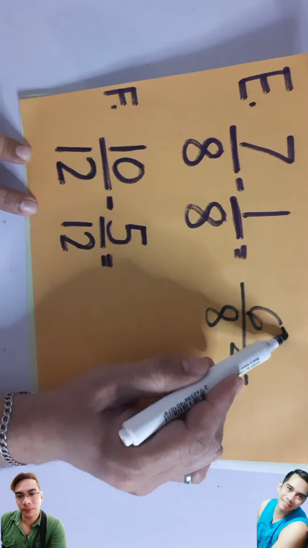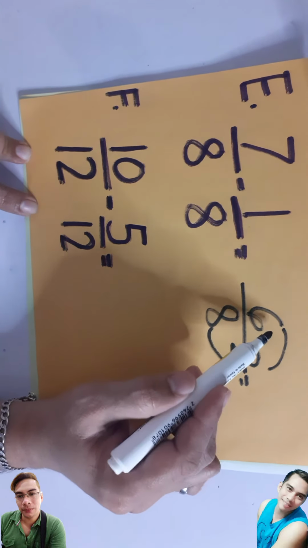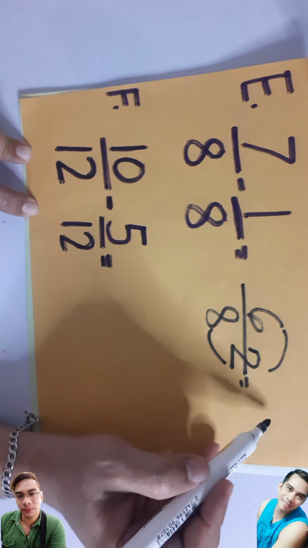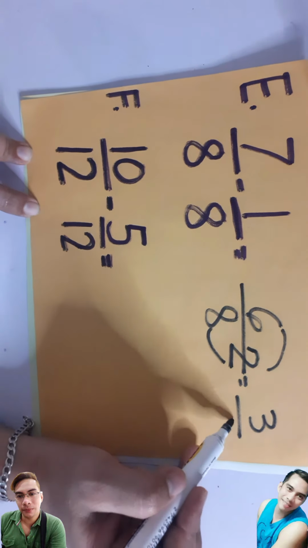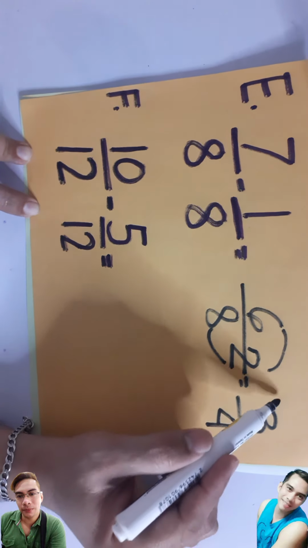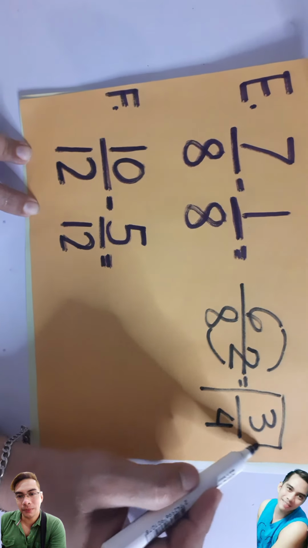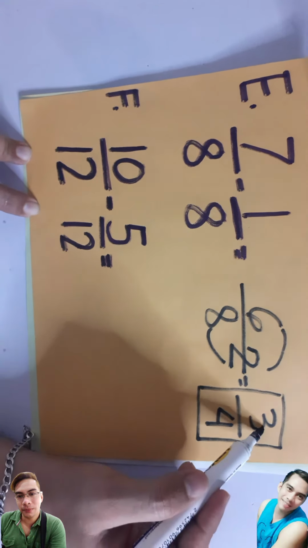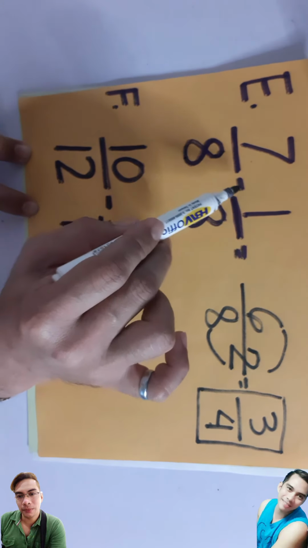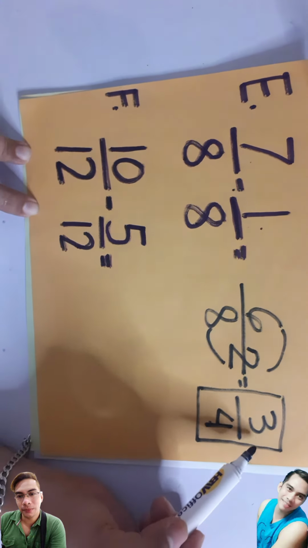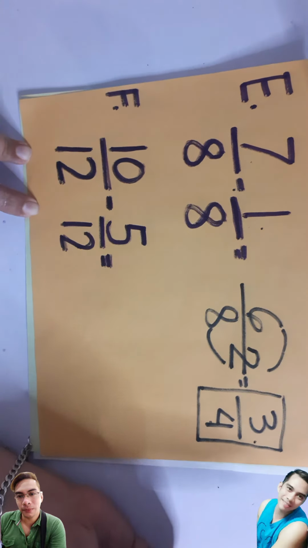So, i-divide natin ulit both sides. 6 divided by 2, answer 3. And 8 divided by 2, answer 4. So, the final answer is 3/4.